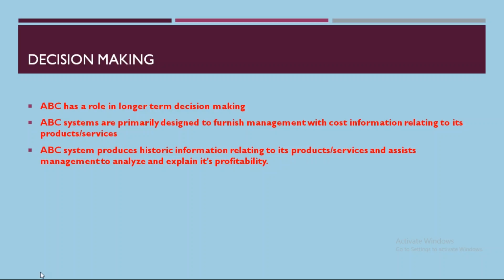So basically it produces historic information and it will help the management to analyze its profitability. There are two main profitability scenarios we look at today. One is to see customer profitability. We want to see some of these customers. I discussed this earlier also about the banks.